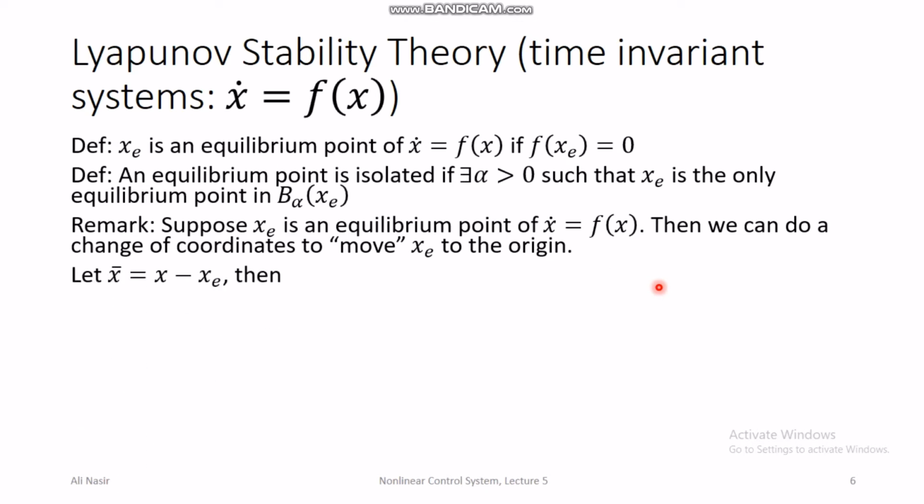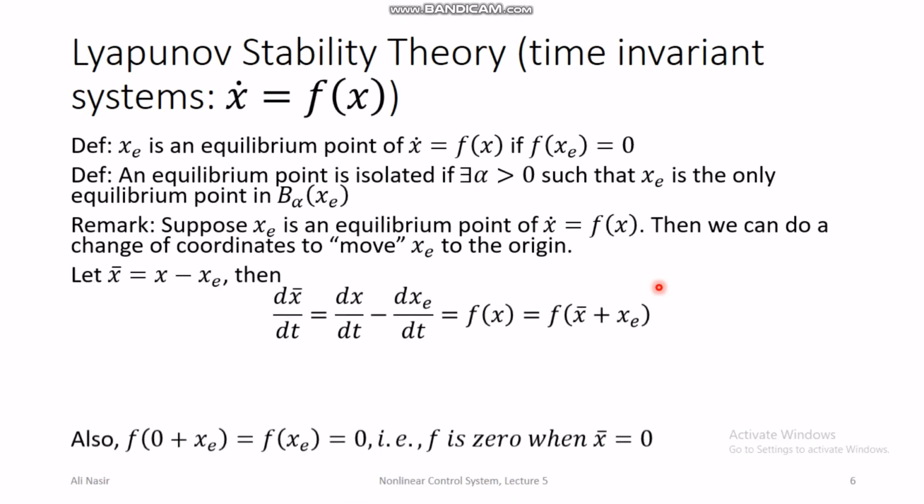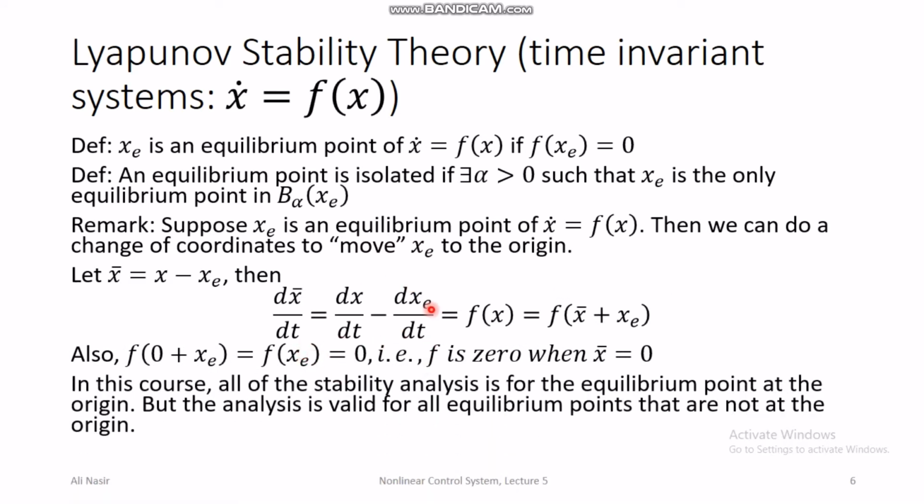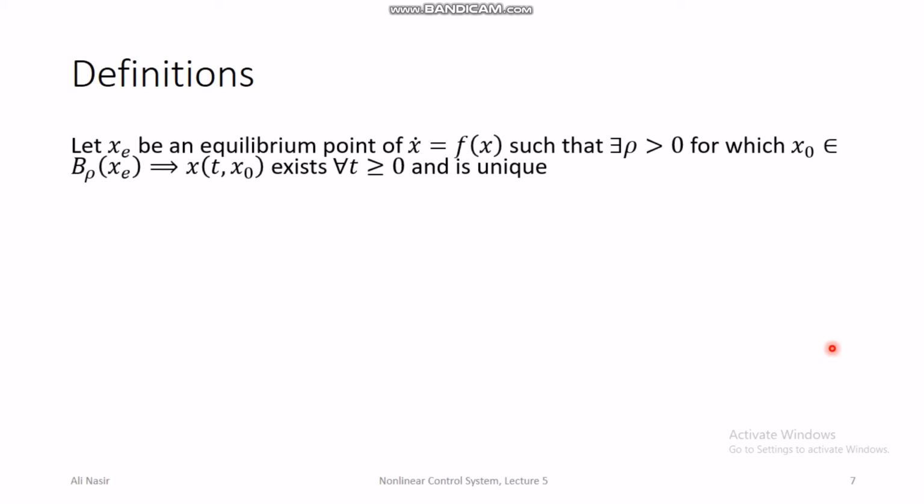We also discussed the shifting of coordinates to convert the equilibrium point from non-zero value to zero value. The purpose of this discussion was to justify that discussion of stability by assuming a zero equilibrium point is enough for those cases as well where the equilibrium point is actually not at zero, because the stability property does not change by shifting the coordinates.